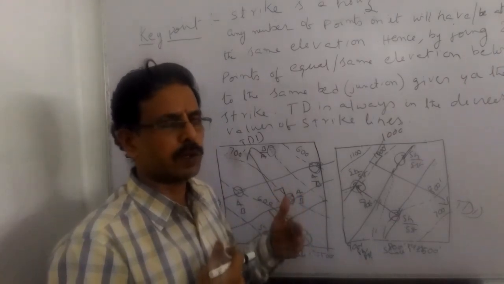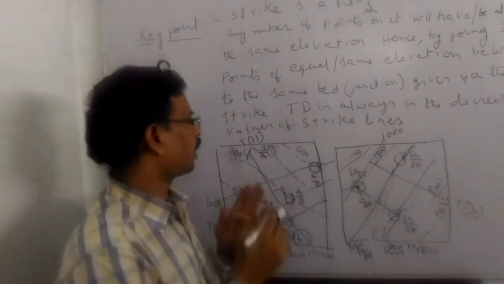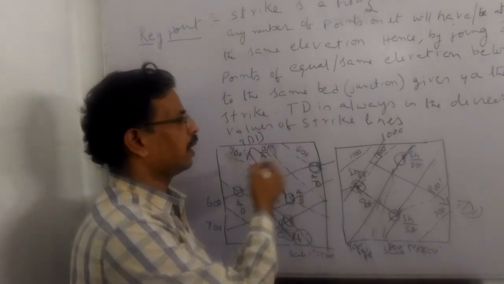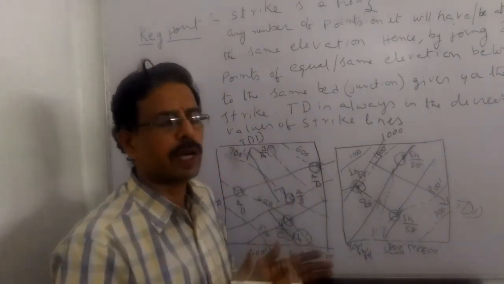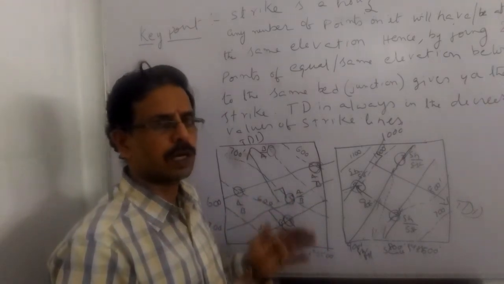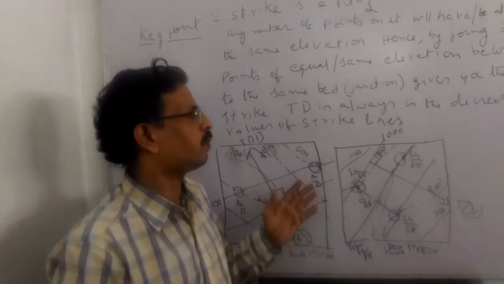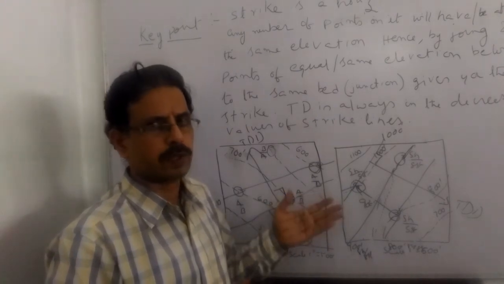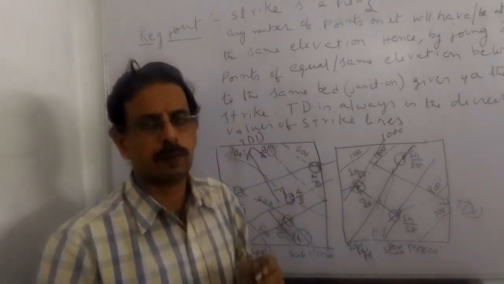This is only basic information on how to draw strike lines using outcrop points and other things. This is the information you need to keep in your mind and apply whenever and wherever you are solving any kind of geological maps or problems, and you can easily draw all these strike lines, true dips and outcrop overlap positions. This is the way to solve geological maps and problems.